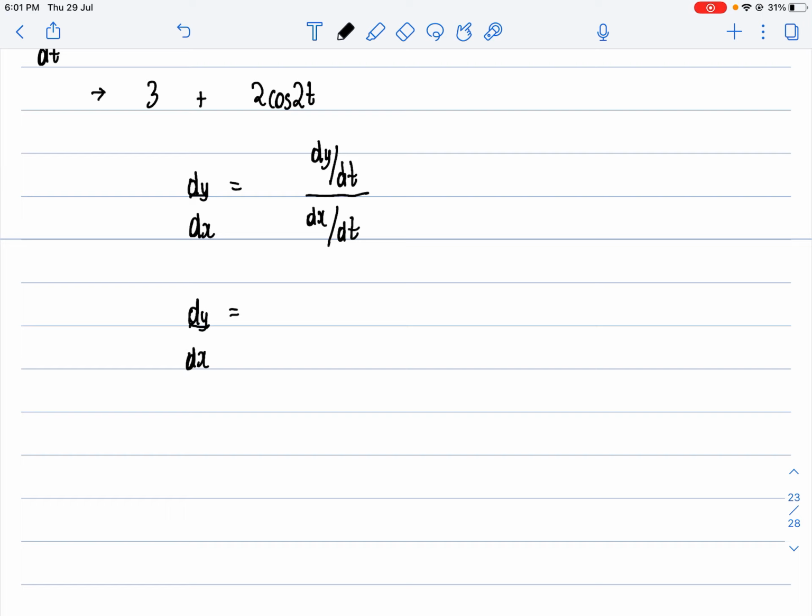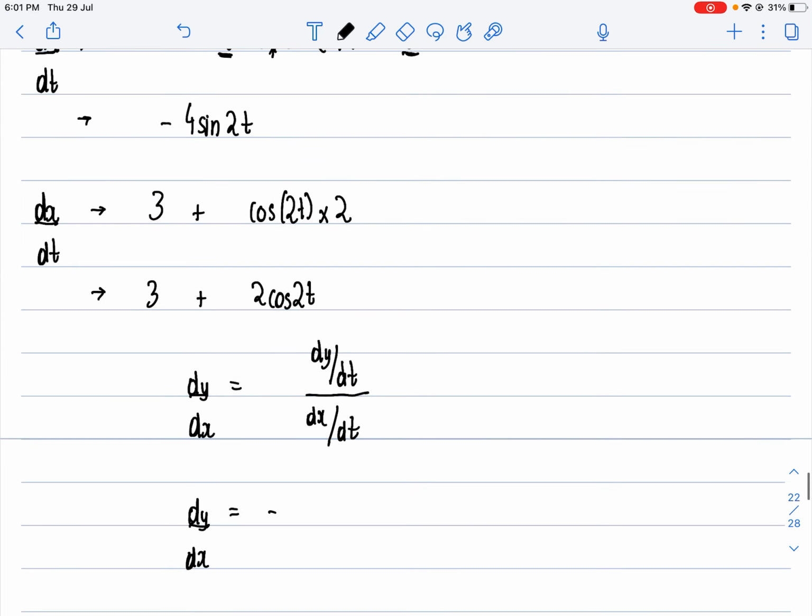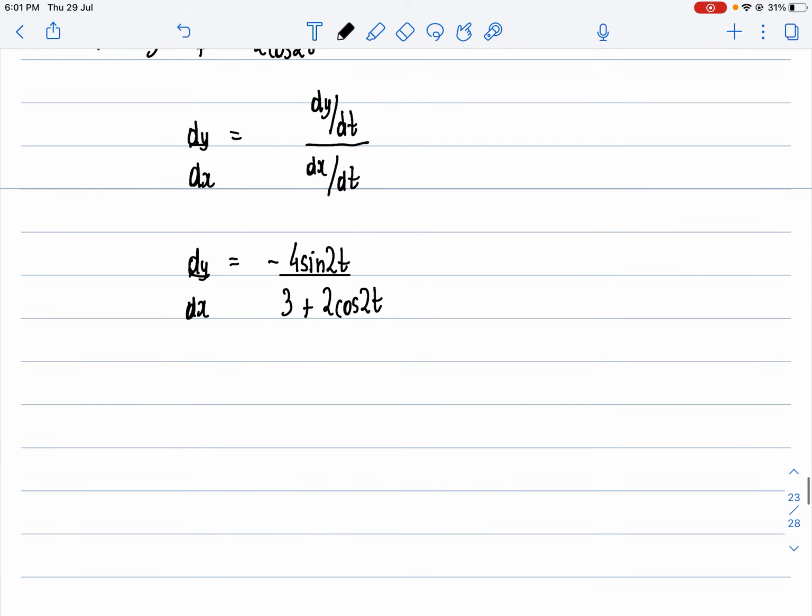As I know, my dy by dt is minus 4 sine 2t, divided by my dx by dt, which is 3 plus 2 cos 2t. So this is the final dy by dx.